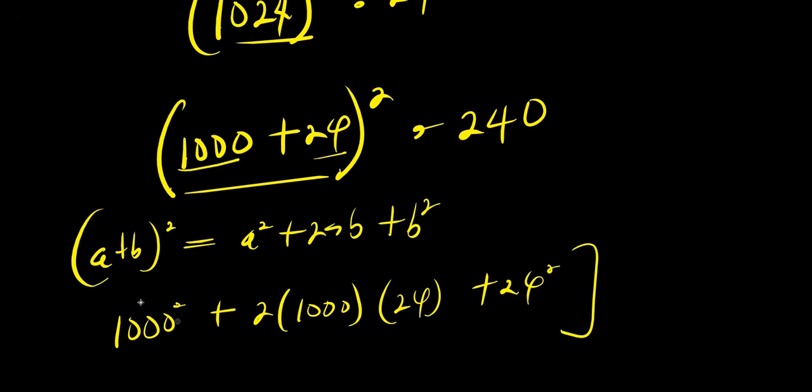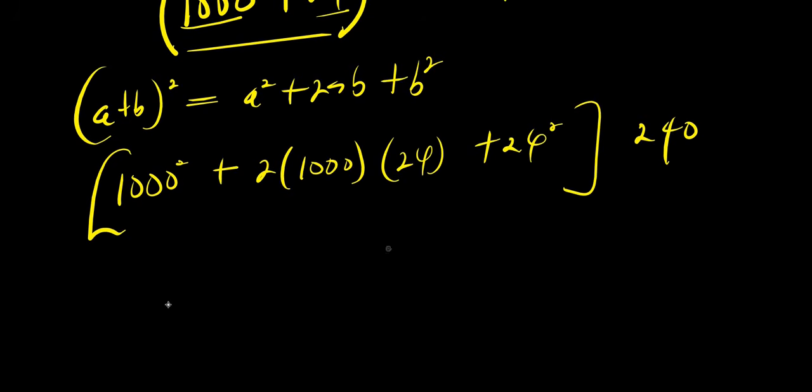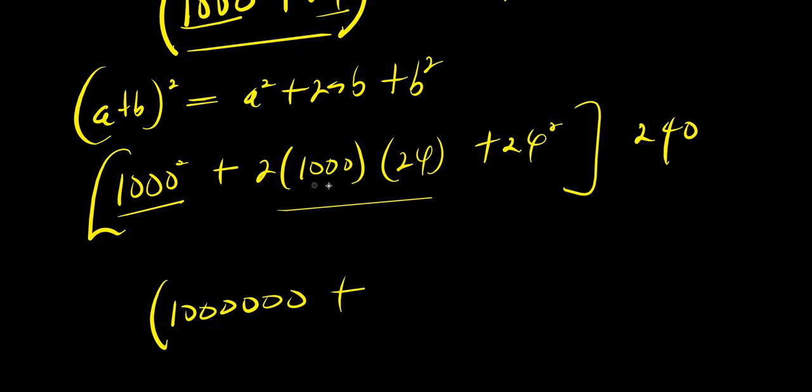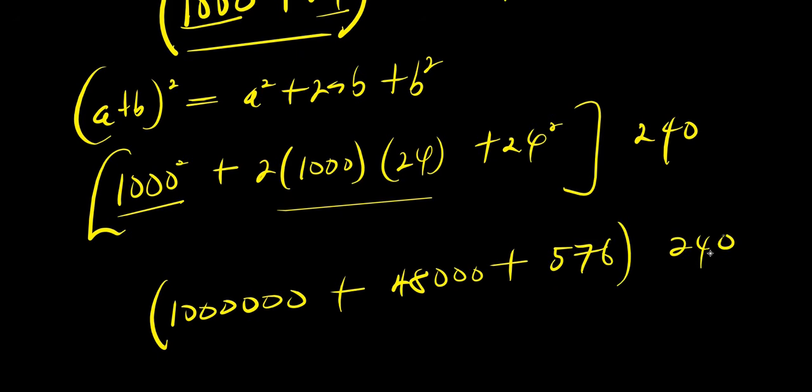And the whole of this will multiply to 240. 1,000 squared is 1 million, plus this is 48,000, plus 24 times 24 is 576. And this will multiply to 240.